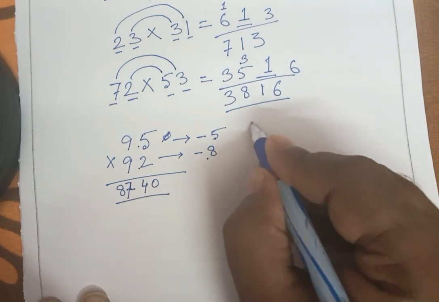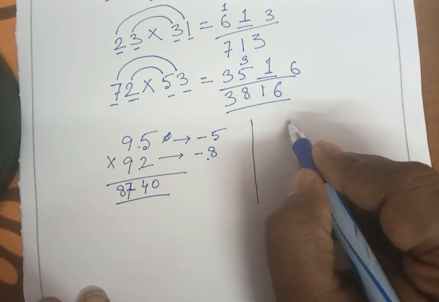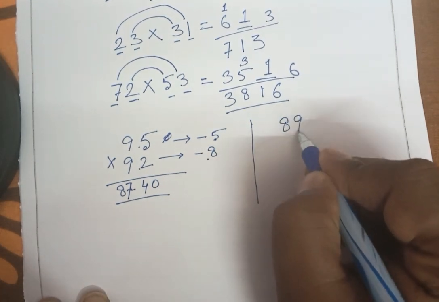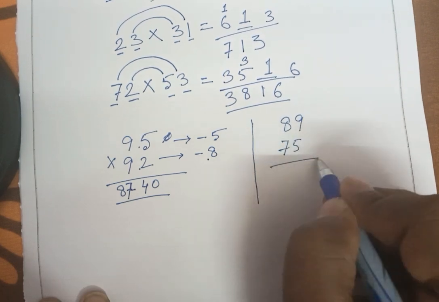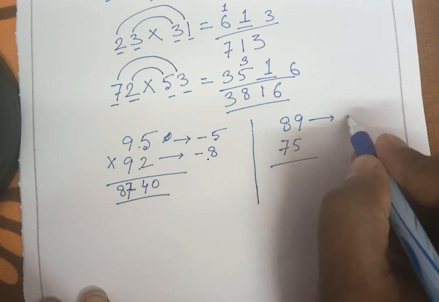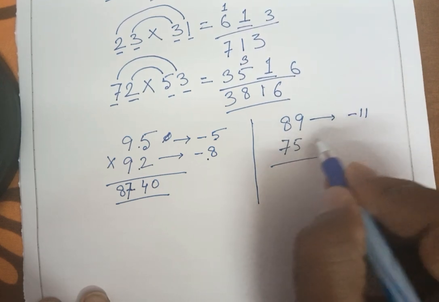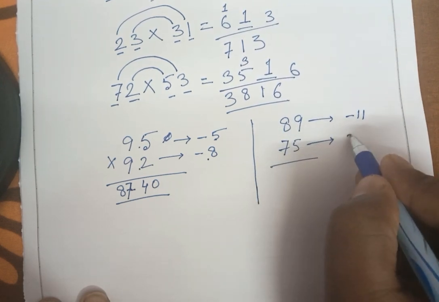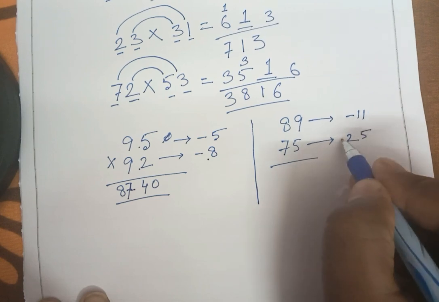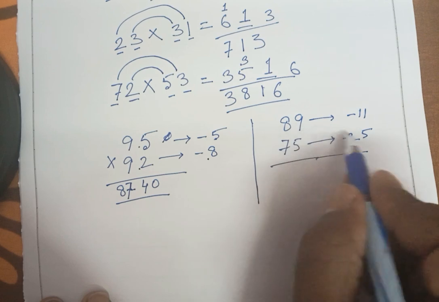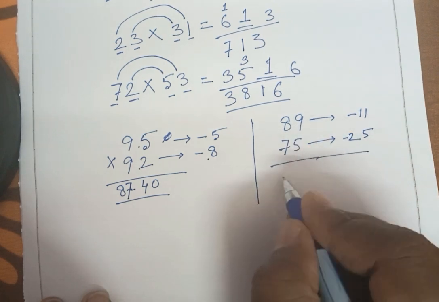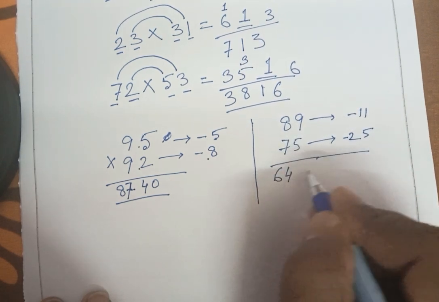Now another one we will solve. If you solve 89 multiplied with 75, how can you? Now 89 is minus 11, and 75 is minus 25. Now if you multiply, then you have to add these two. If you add these two, you will get 64.